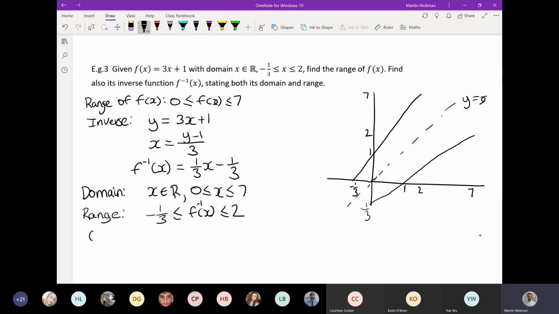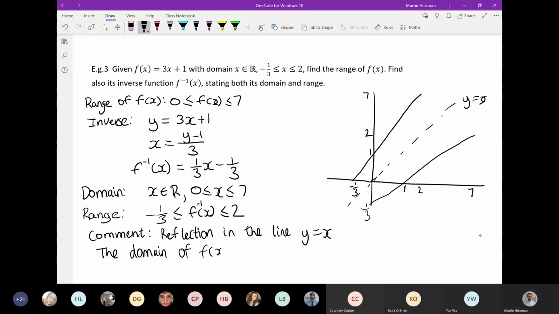So the key points here is yet again, we've got reflection in the line y equals x. And what we also might start to notice is that the domain of f of x is the same as the range of f to the minus 1 x.